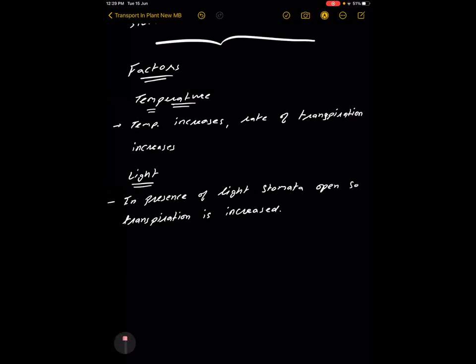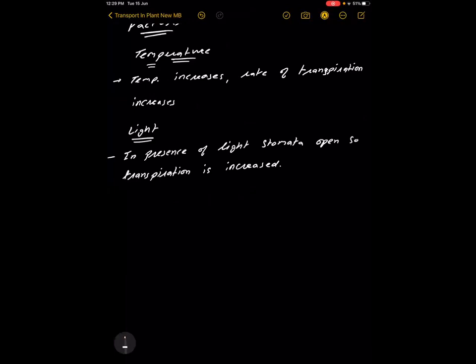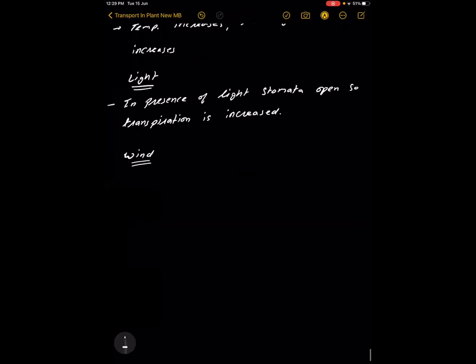Next, wind. Generally, wind increases transpiration. Wind removes humidity. Relative humidity is removed from around the leaf by wind and temperature also. So if wind is there, the rate of transpiration increases.